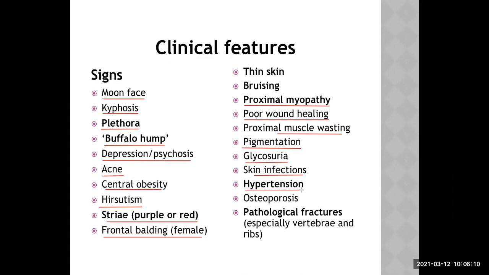Hypertension, quite a common feature of Cushing's syndrome because of sodium and water retention in the body, as a result of steroid as well. Osteoporosis, already talked about, and importantly, pathological fracture, especially vertebra and rib, as well as other parts of the limb. So repeat these signs more than once so that you can remember them easily.